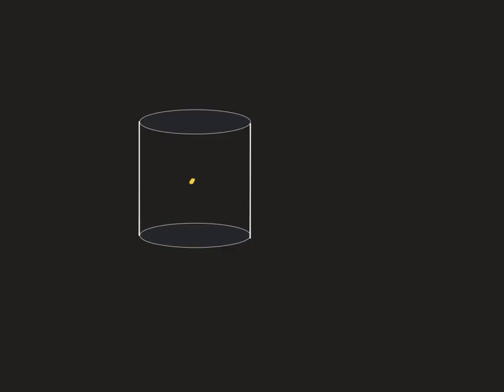Now this is an interesting question. We have a charge q inside a cylinder, exactly at the center of the cylinder. By all considerations of symmetry, the charge q is at the center, and we have some distances here. Let's say the radius of the cylinder is r and the height of the cylinder is 2r.